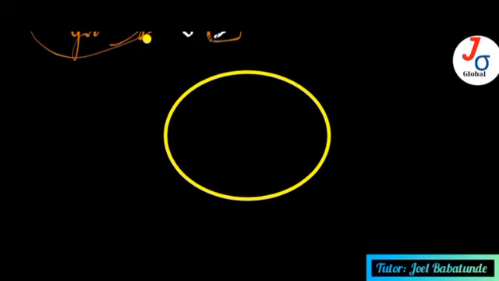Now, if you notice, this sphere is not perfectly a circle, it's not a perfect sphere. This place is slightly longer than this place.